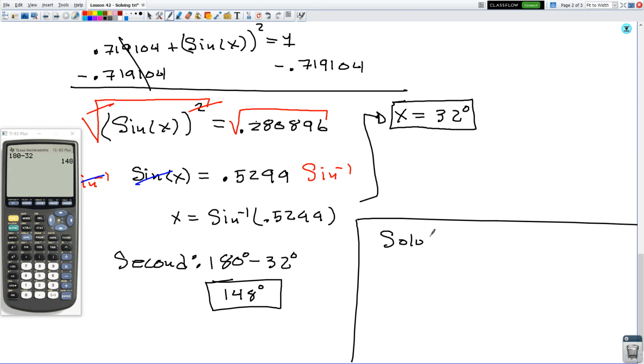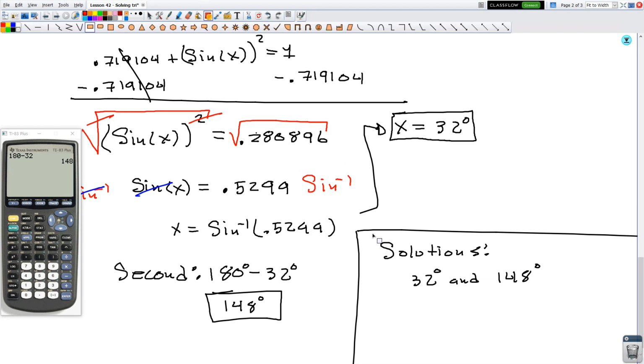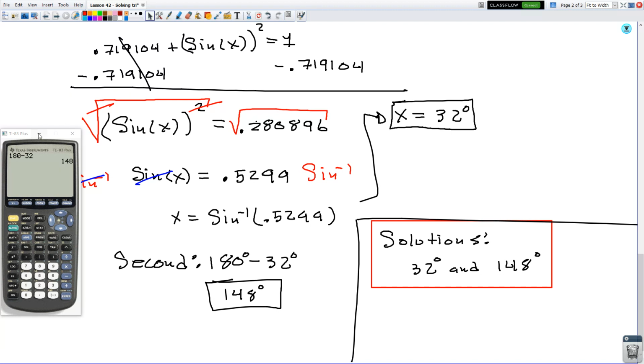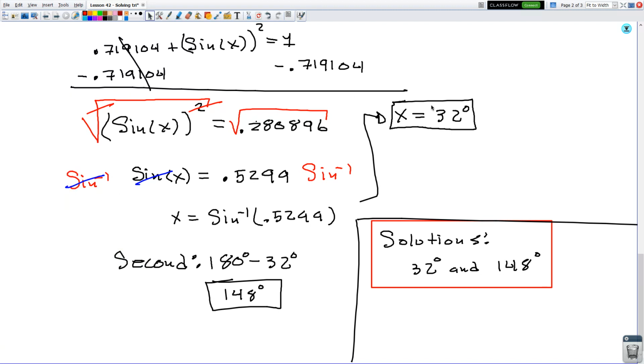All we got to do now is to write down our conclusion. That means that the solution is 32 degrees and also 148 degrees. And this is your final answer. Notice that the problems become a little more tedious.